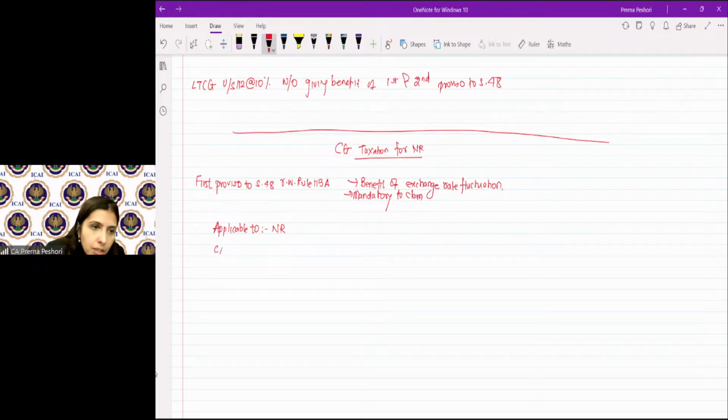So the capital asset eligible is shares or debentures of an Indian company. Meaning, the first proviso to section 48 will not be applicable in the case of indirect transfer, because what was transferred was not the share of the Indian company but the share of the foreign company. So the first proviso to 48 is in any case not applicable in the indirect transfer because it is applicable only on shares or debentures of the Indian company. That's it.